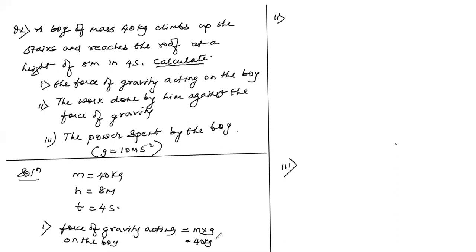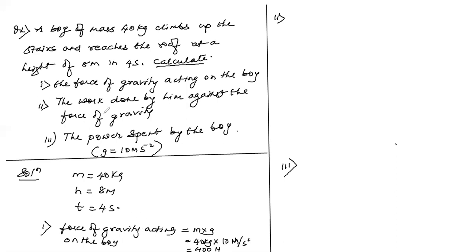And what is G, children? G value is 10 meter per second square. So when you multiply, you get 400 Newton. 400 kilogram meter per second square is 1 Newton. So 400 Newton is the force of gravity acting on the boy.